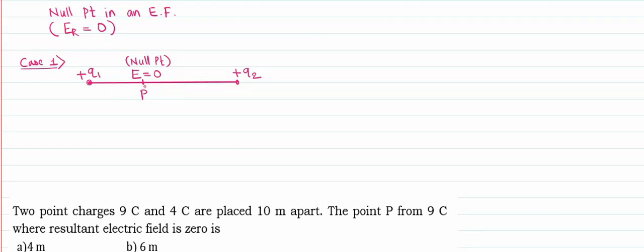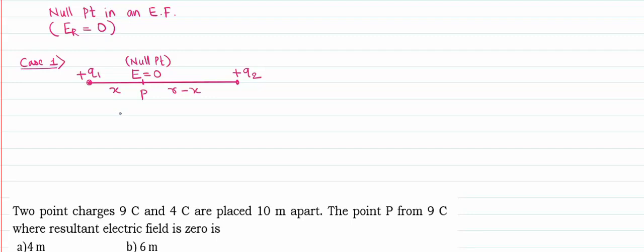You will be asked to find its distance from a charge. I will take the distance from Q1 as x, then the distance from Q2 will be R minus x.